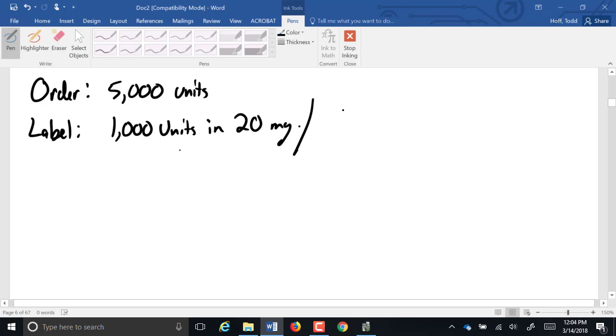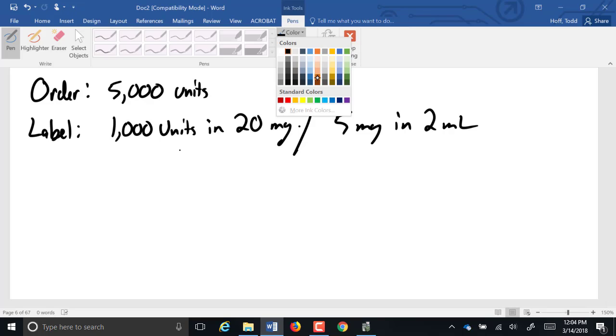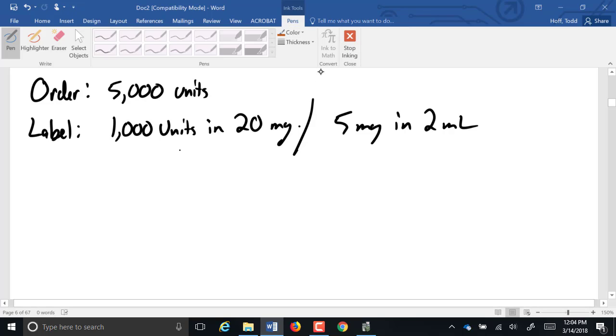And of course, constituted, I don't remember, let's do it as 5 milligrams in 2 milliliters. So we start out with the doctor's orders, as always. 5,000 units, we put that over 1. And now we proceed to do our conversions.